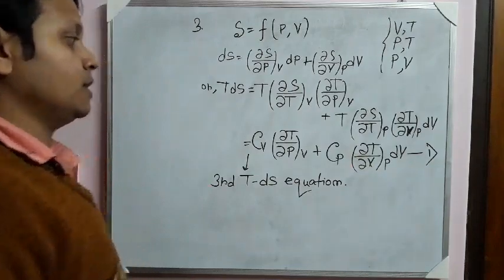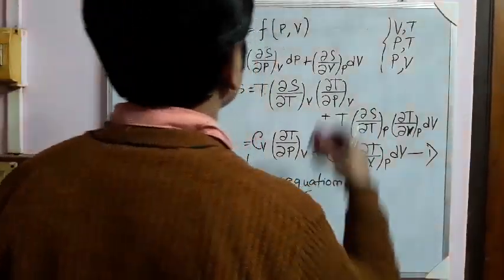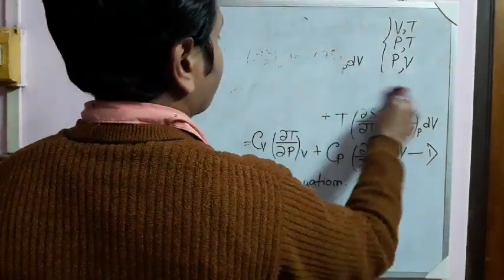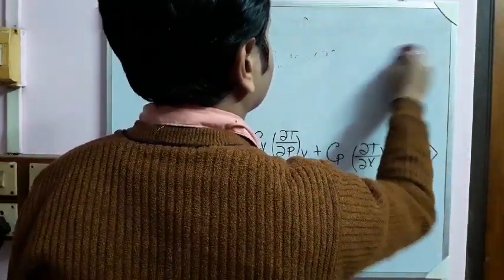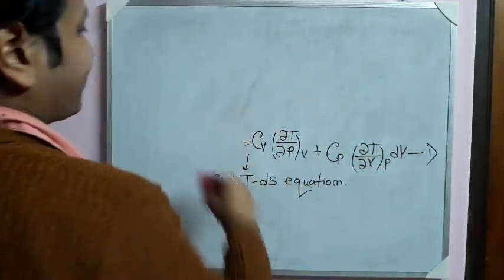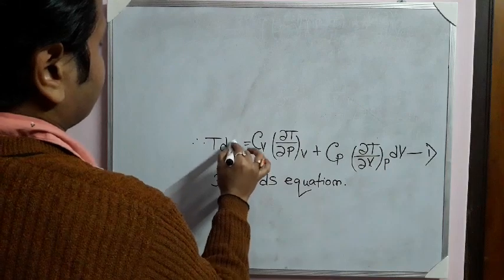Now this can also be written in another form. Let us see what is the other form of the third TdS equation. This is simply TdS.